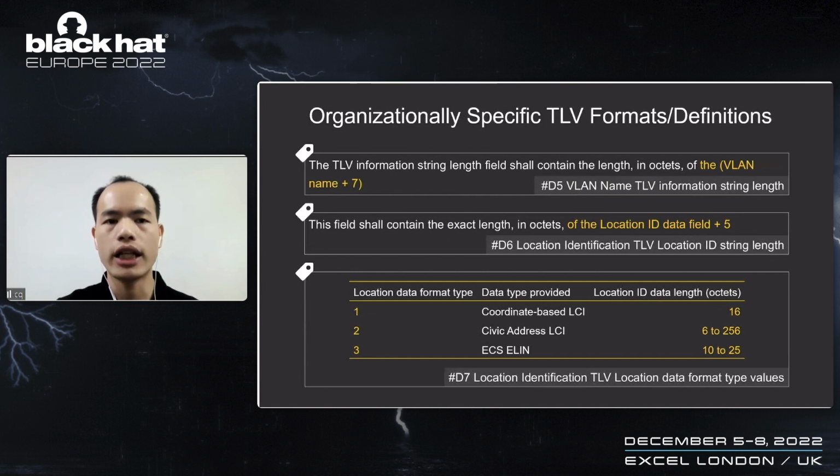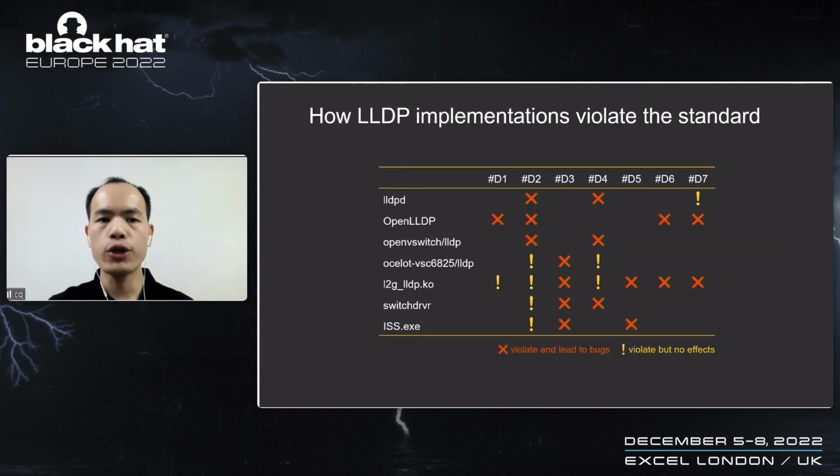In addition, the corresponding IEEE standard also has explicit definitions for organizationally specific TLVs, like VLAN name information string, location identification TLV, location ID string length, and the location data format type values. According to our study, the following is a summary of how this LLDP implementation violates the standard.